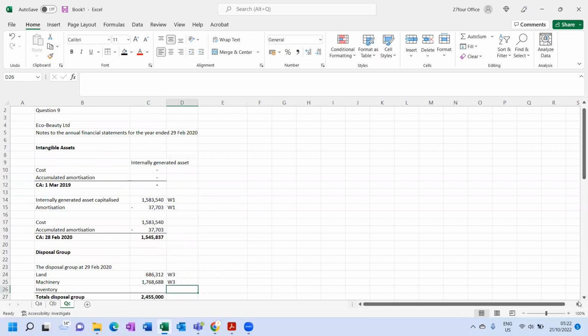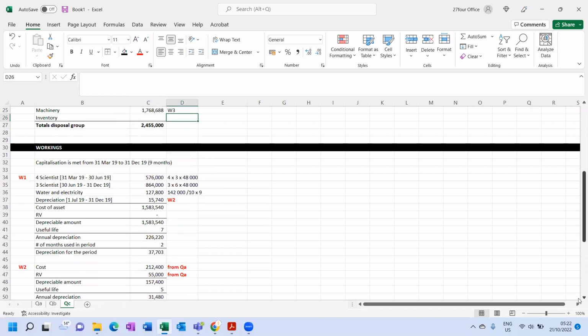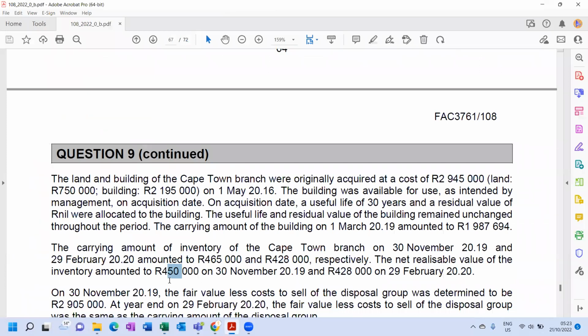What's important to take note, however, is what we use for inventory. So at 30th November, what did we use for inventory? We used 450 because that is what inventory was. The NRV at 30th November was 450. What is the NRV at 29 February? It is 428.